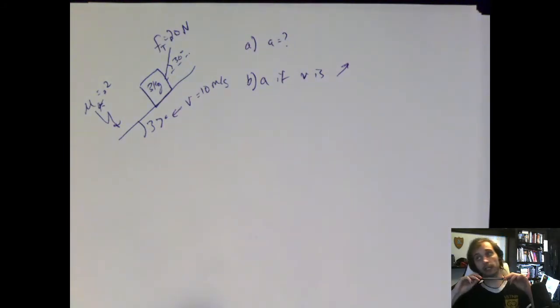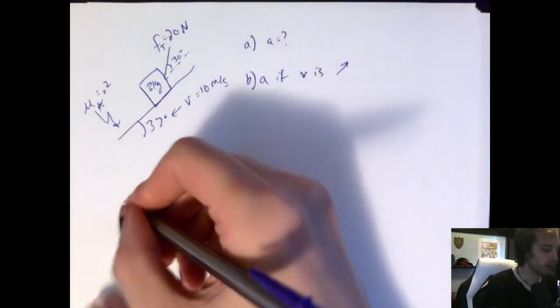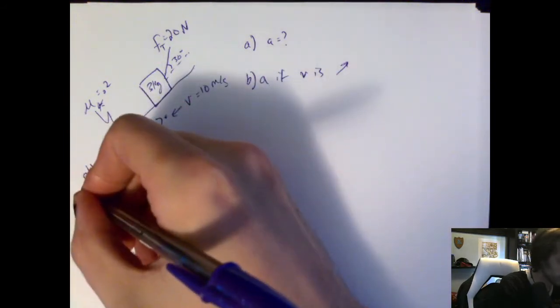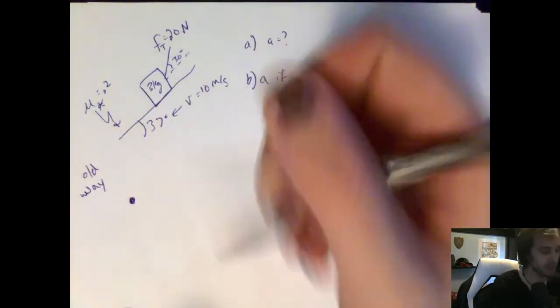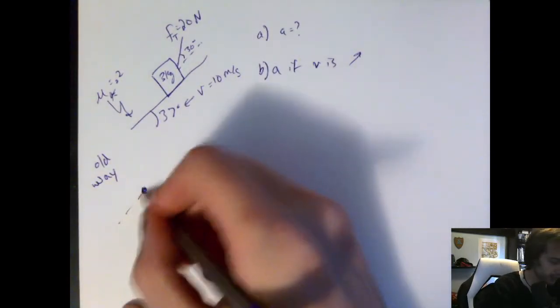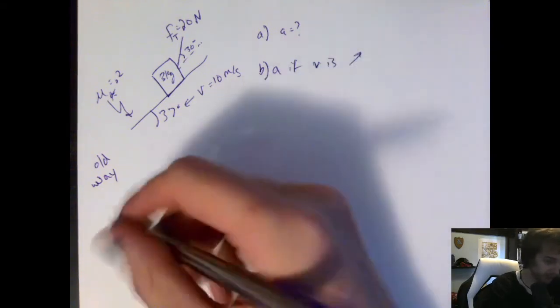So in particular, looking at this one, if we do our free body diagram as is, and we start the setup that we've been using so far, I will label this specifically as the old way. We'll have our hill going like this as a dotted line. This isn't a force. I just want to keep track of it.